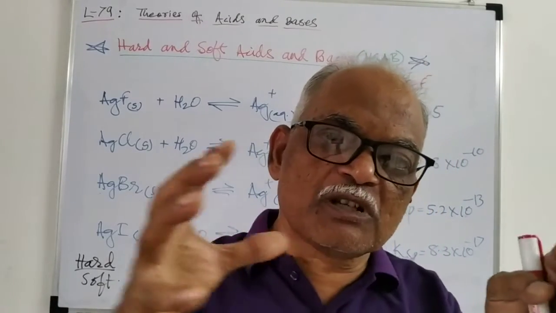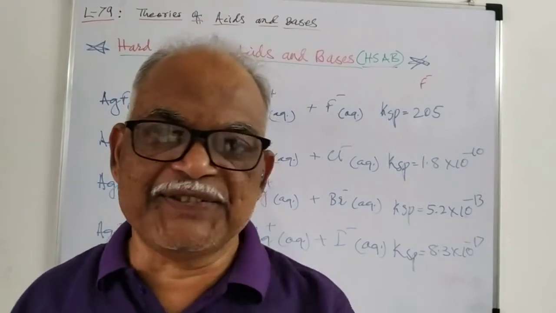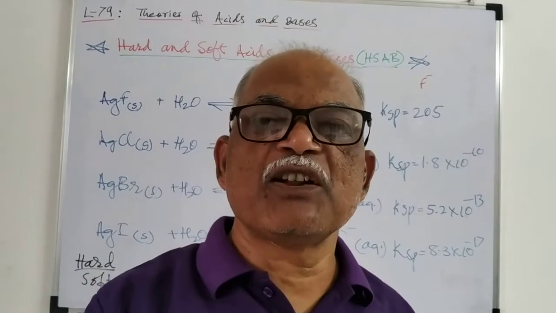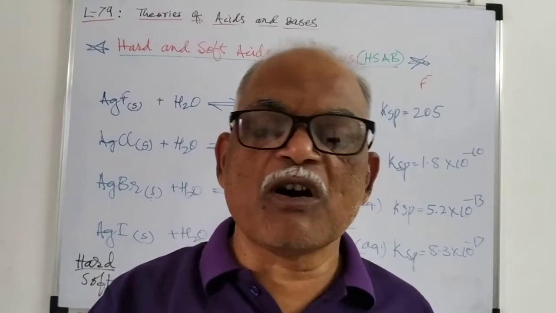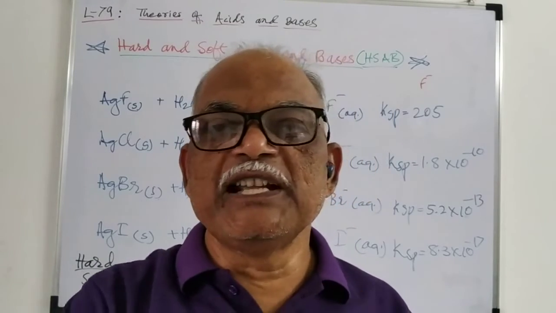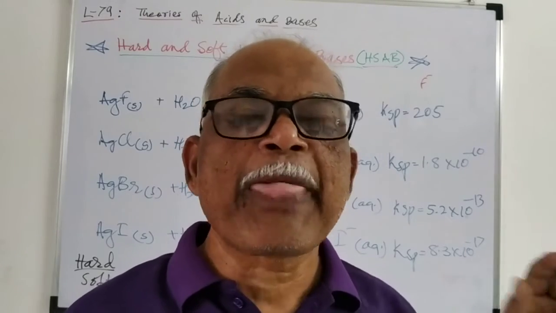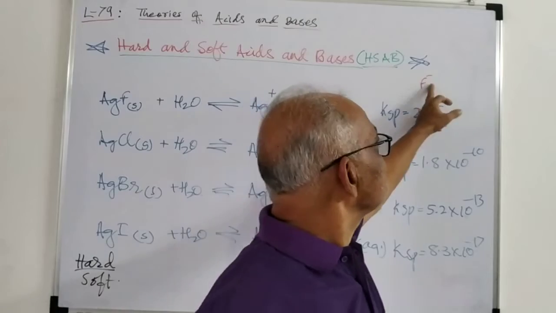The electron cloud of fluorine cannot be easily delocalized. It is strongly concentrated on fluorine, and therefore it is called hard.